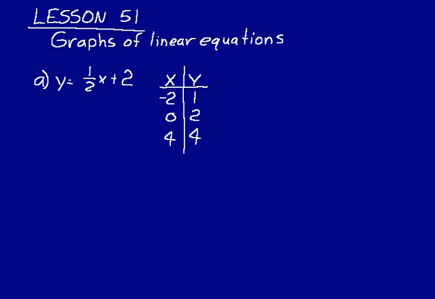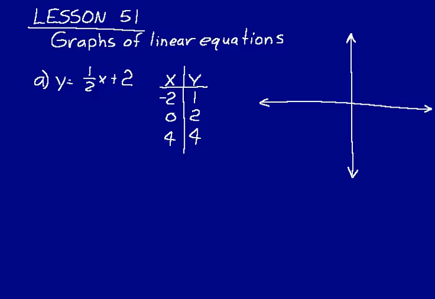Okay, so now we have 3 ordered pairs: (-2, 1), (0, 2), (4, 4). We only need 2 to make a line, but let's just go ahead and use 3. And another reason we use 3 is just in case we messed up on one of them. If we don't get a linear pattern with our points that we plot, then we know that we made a mistake somewhere.